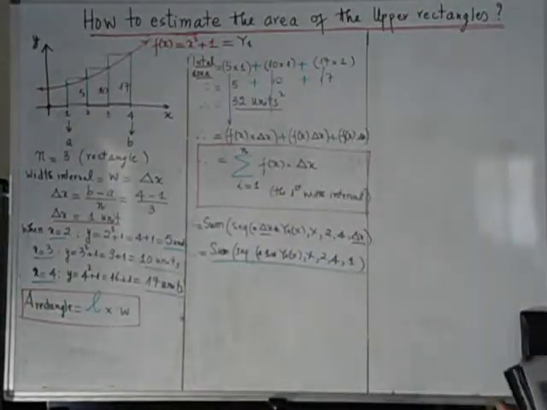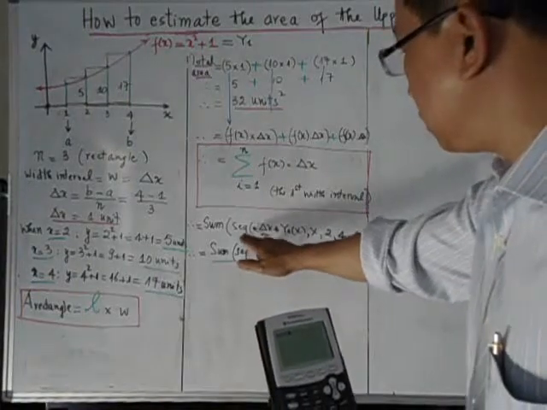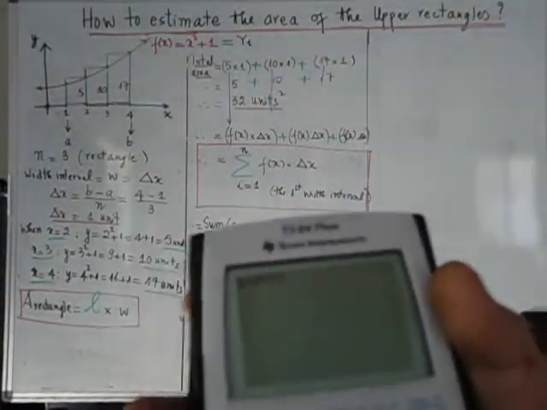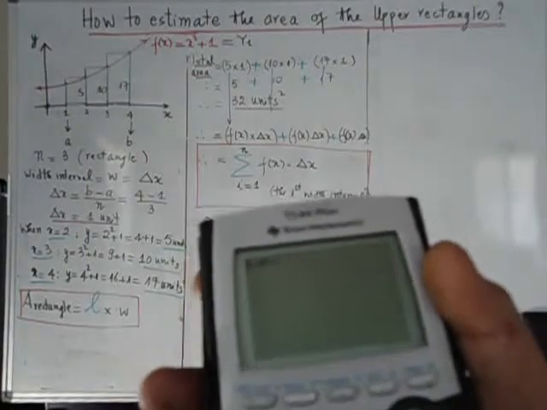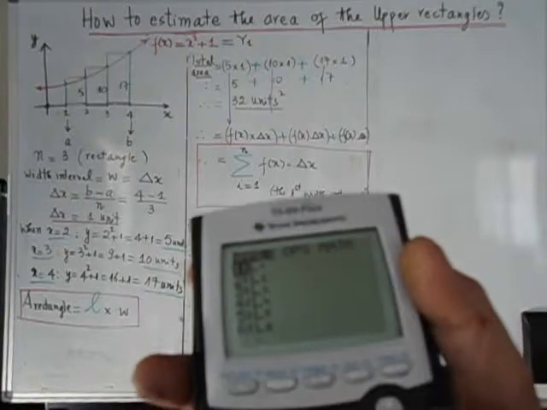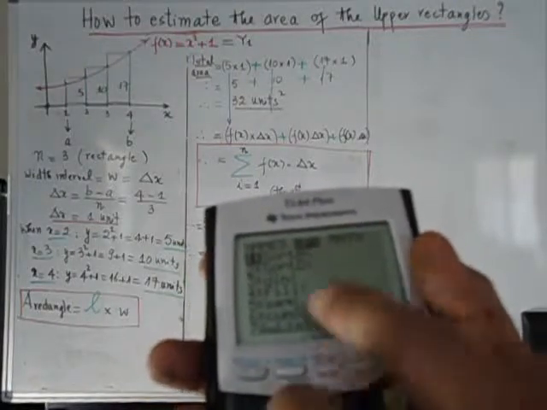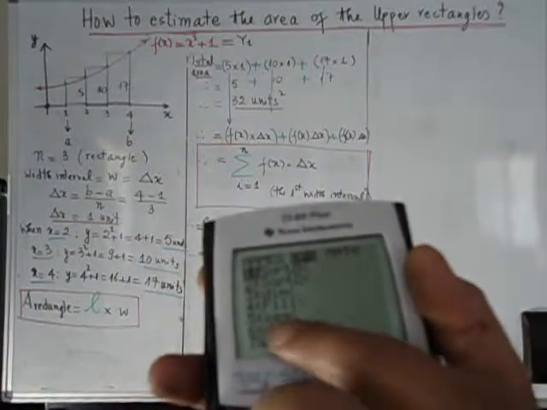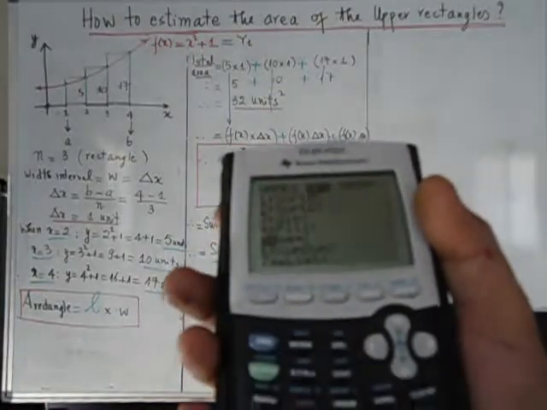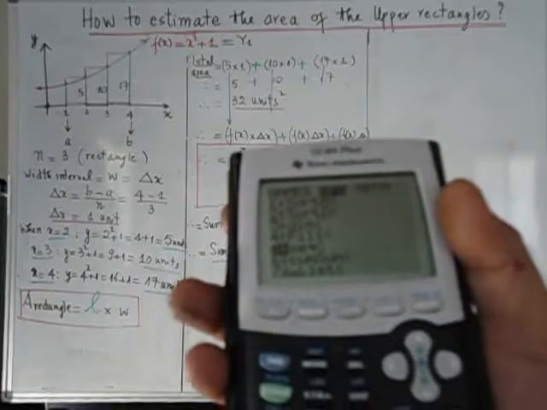Then once again, second, stat, we select OPS, go down, select second and number 5, enter.